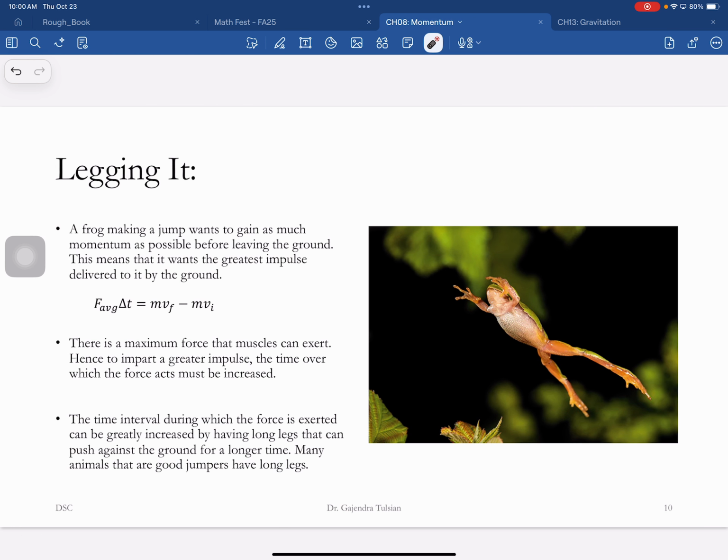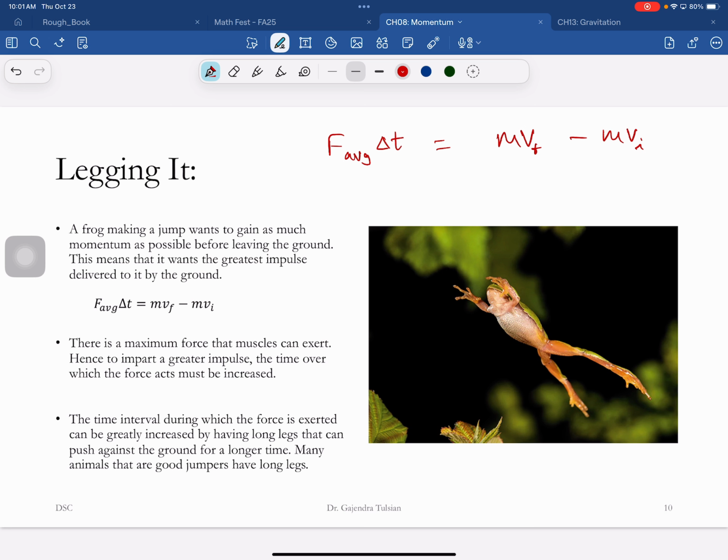Well, here's an application in biology. Average force times time is equal to mv final. Let's say this frog wants to jump as high as possible.